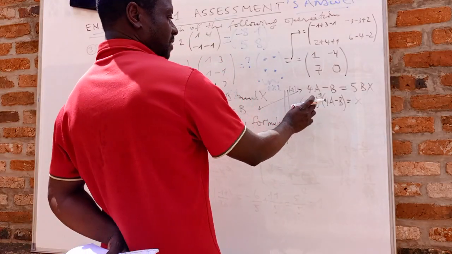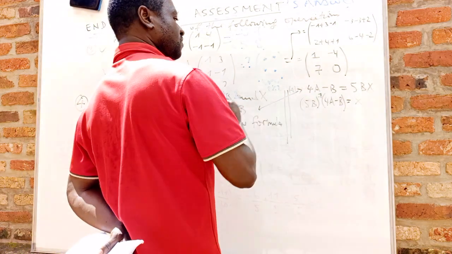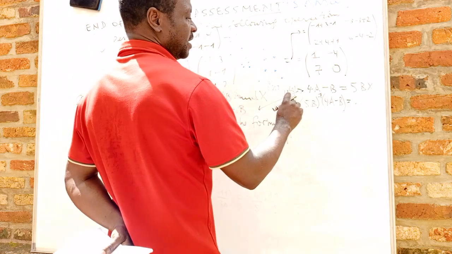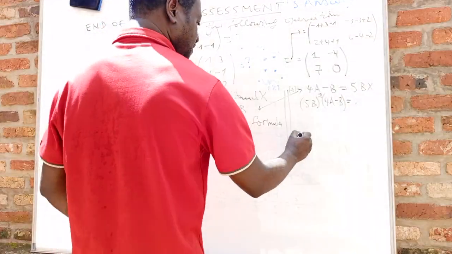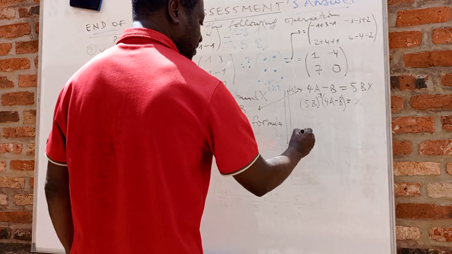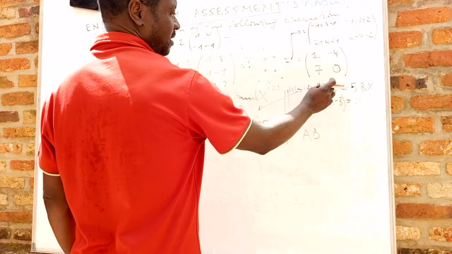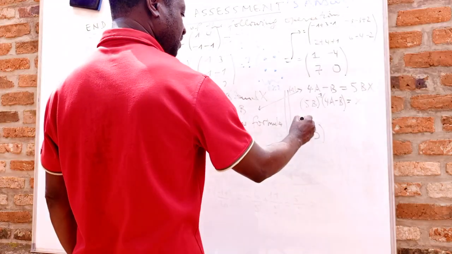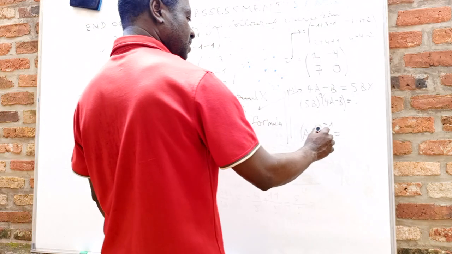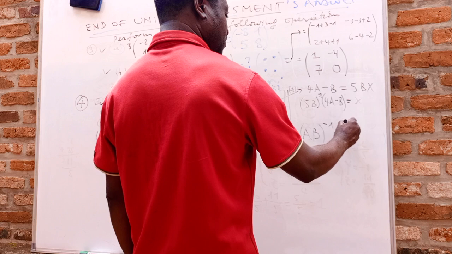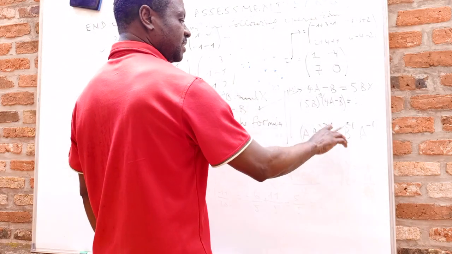Now, the inverse of a product of matrices is the product of the inverses in reverse order. Suppose we have matrix A times matrix B; they have the same order and are invertible, so the rule is that the inverse is the product of the inverses of these matrices in reverse order.